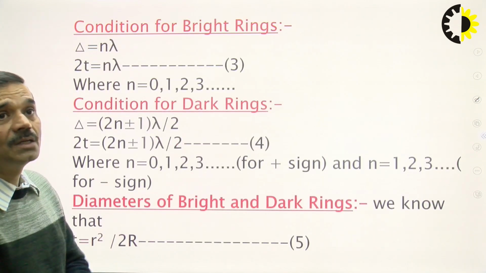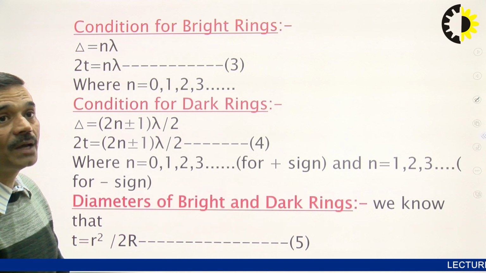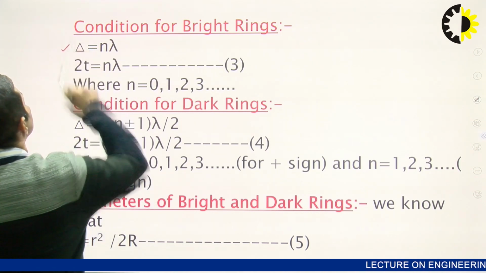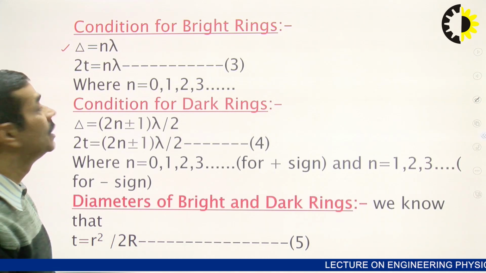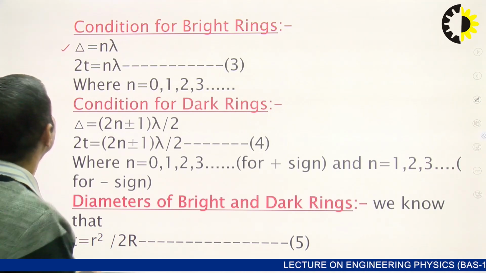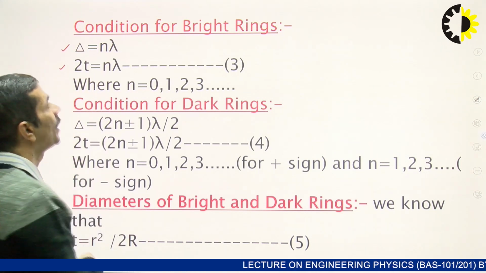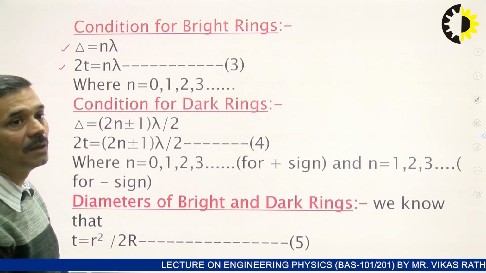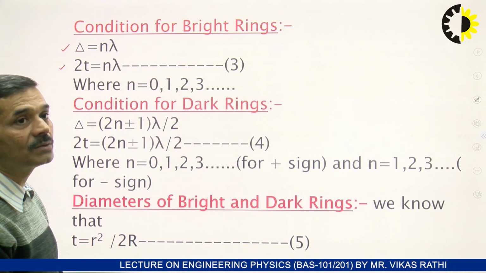Again, similarly we can find out the condition for bright and dark rings. For bright rings we put the path difference delta equal to n lambda. So this is the condition for the bright rings, 2t equal to n lambda. In the reflected system it was the condition for the dark ring.